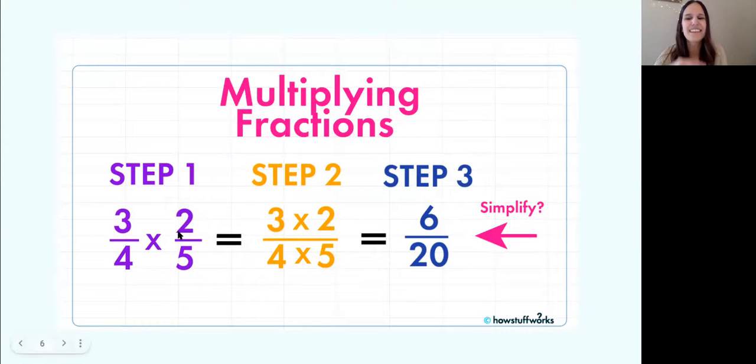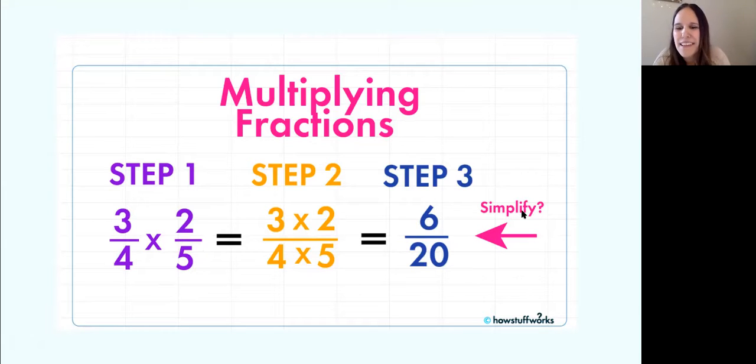And the numerator in the second fraction is 2. So 3 times 2, we know that's 6. So 6 is the numerator of our answer. Let's do the same with the denominators. So we're going to multiply 4, the denominator of the first fraction, by 5, the denominator of the second fraction, and this gives us 20.